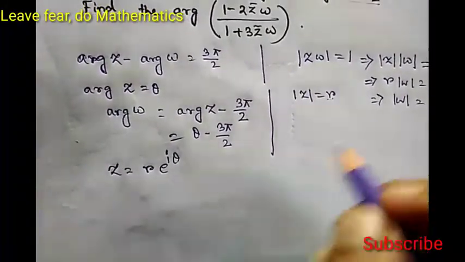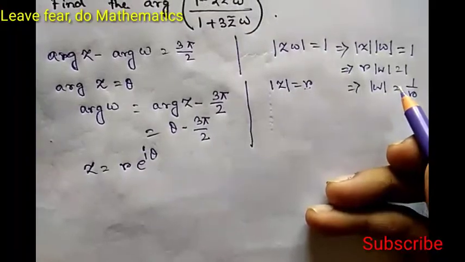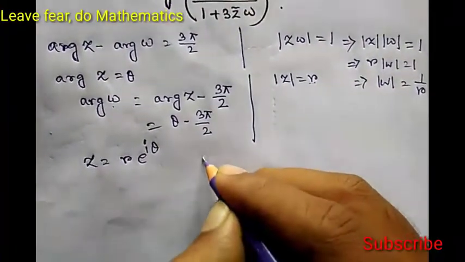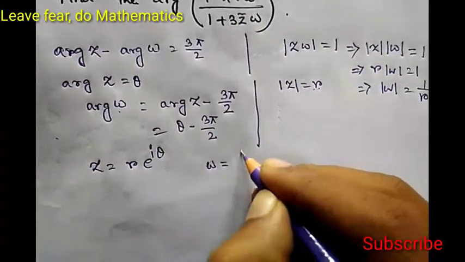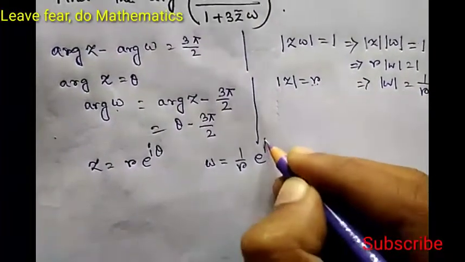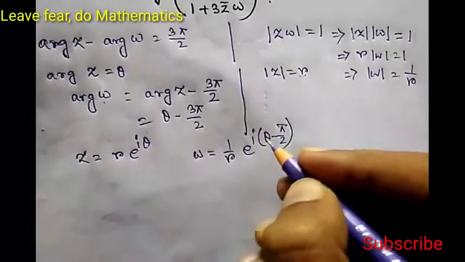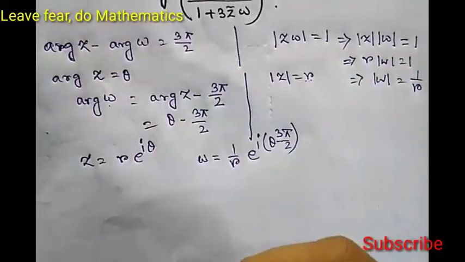And similarly, we have the modulus of W equals 1 by R and the argument of W equals theta minus 3 pi by 2. That is, we can write W equals 1 over R e to the power i times theta minus 3 pi by 2.